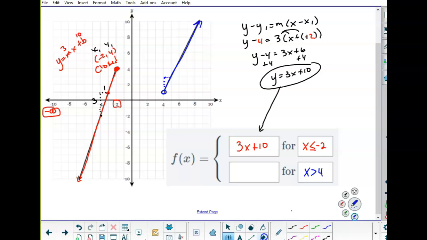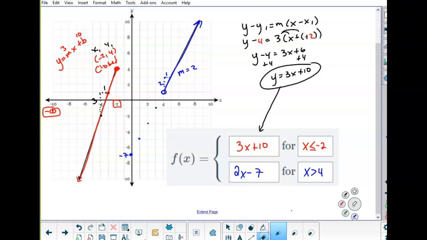If I go up 2 over 1, my rise over run tells me I've got a slope of 2. So you could follow that pattern down, going down 2 over 1 each time. See your y-intercept right there? So this would be a 2x plus -7, or you could just write 2x minus 7.